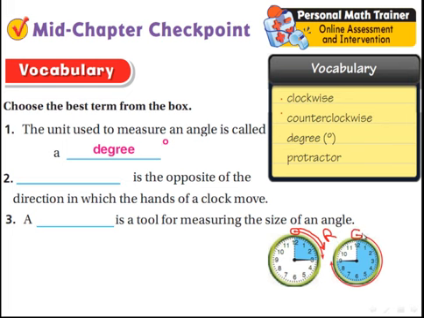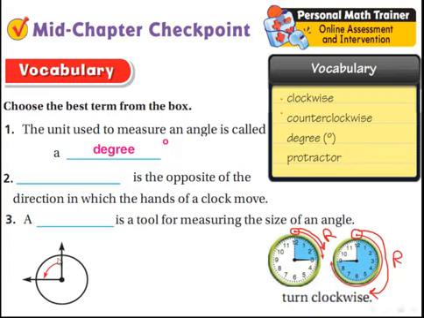When you see you're moving to the right hand side, you should tell me it's clockwise. Turn clockwise. Okay, let's see the next picture.